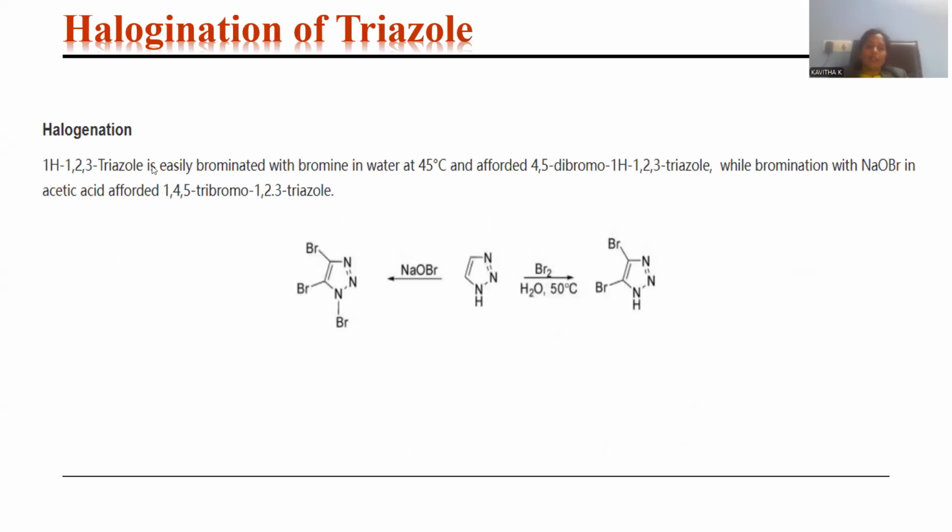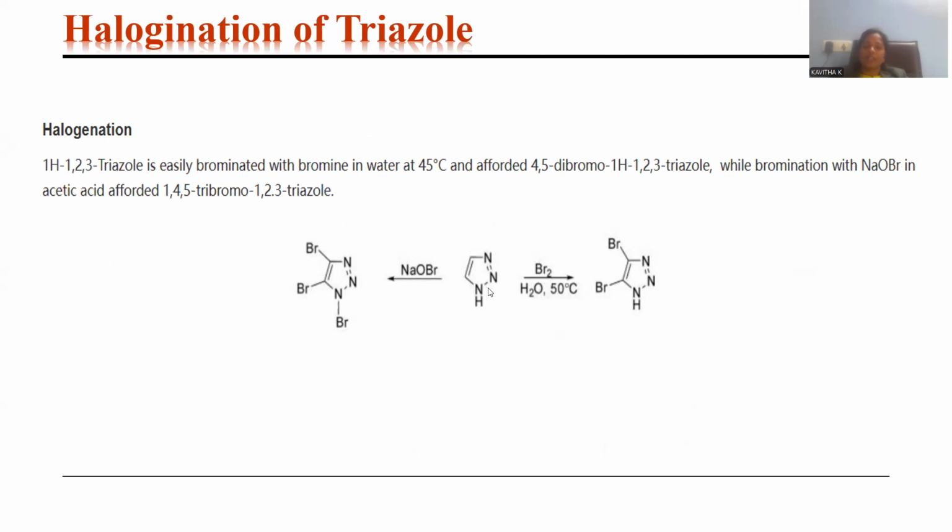Let me perform the halogenation reaction upon this triazole. It may be accomplished by adding bromine dissolved in water. Bromine water will be the reagent, and the temperature required is 50 degrees, which is not much high. At 50 degrees centigrade, it will be brominated, giving rise to dibromo triazole as the product.